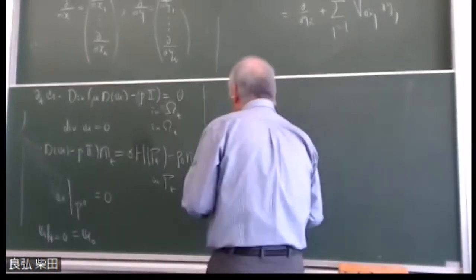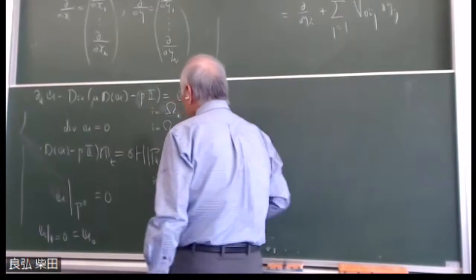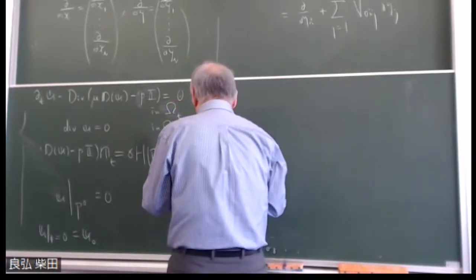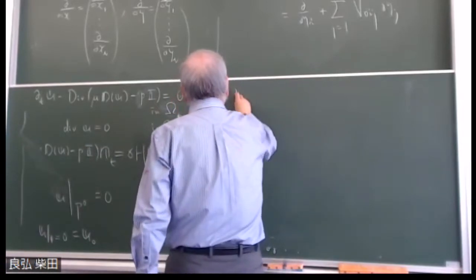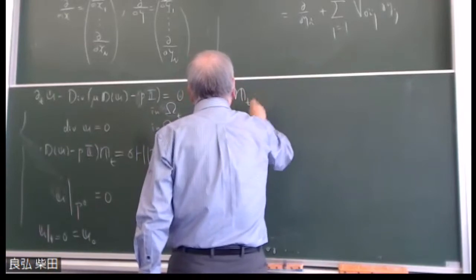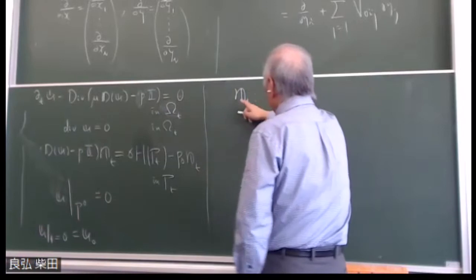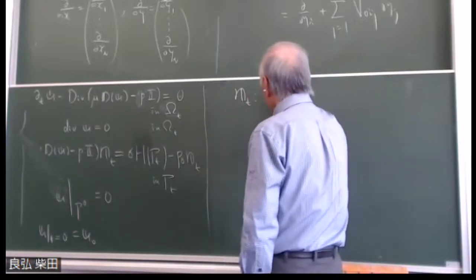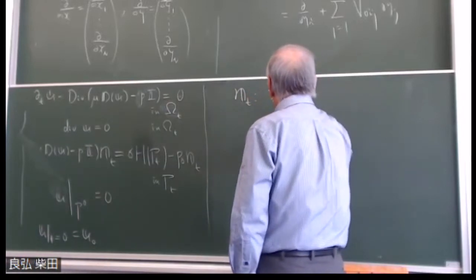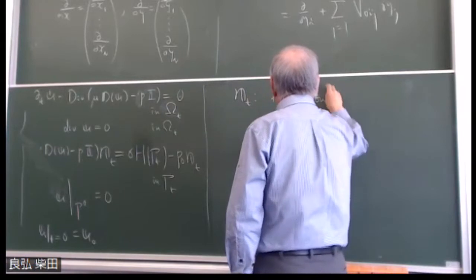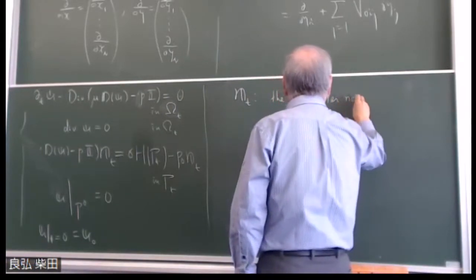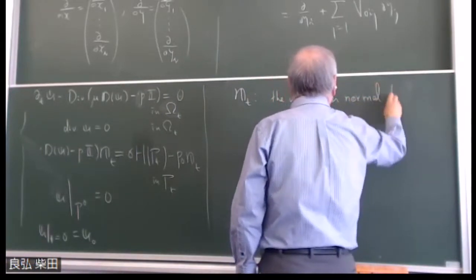But before going to the change of equations, I also want to state the normal n_t. How does the normal n_t change? n_t is the unit normal of gamma_t.